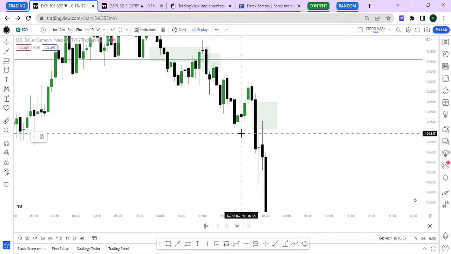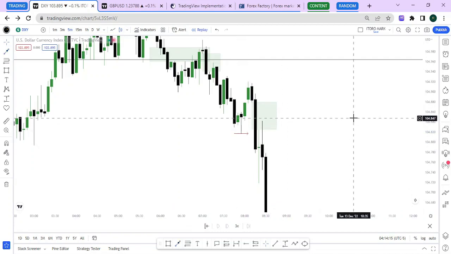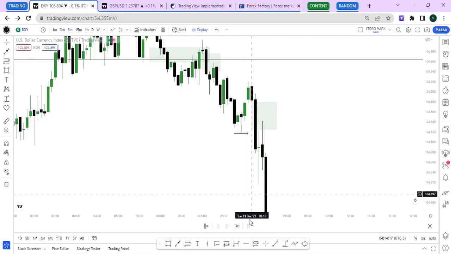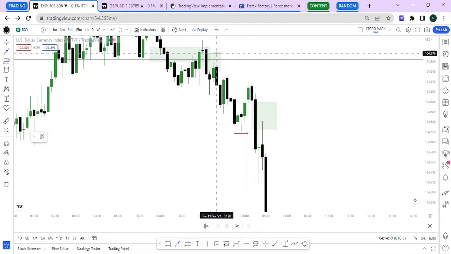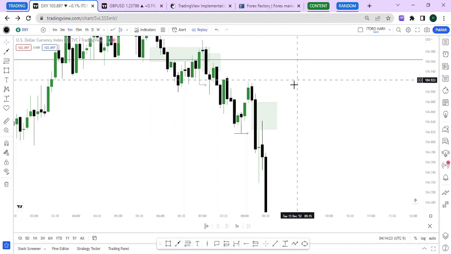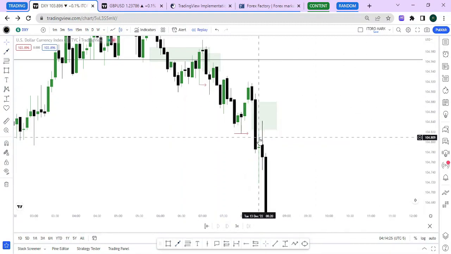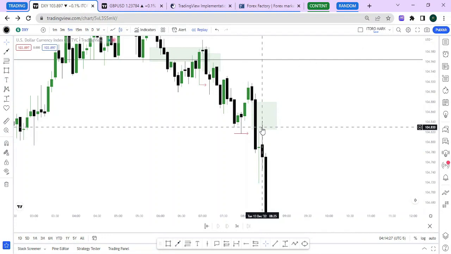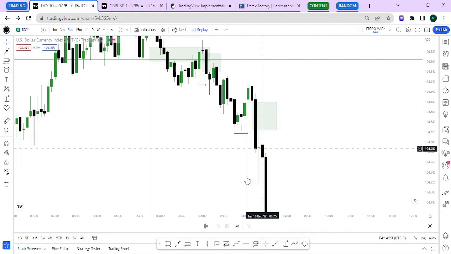That's all you need for your trade. So there was a break of market structure, price traded in there by 8:25, and then we already had our entry before the news.